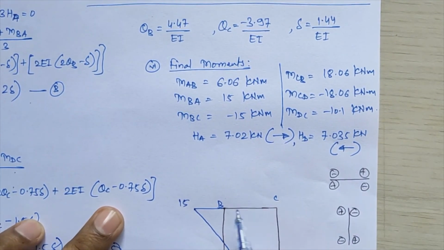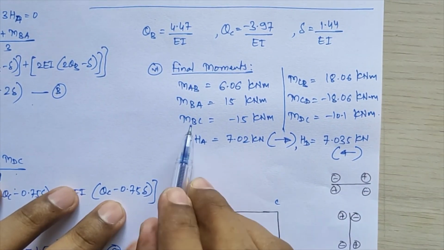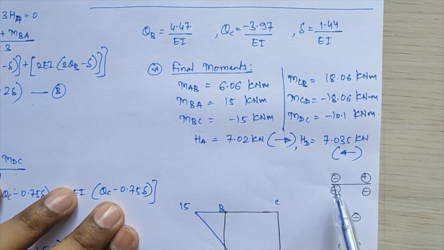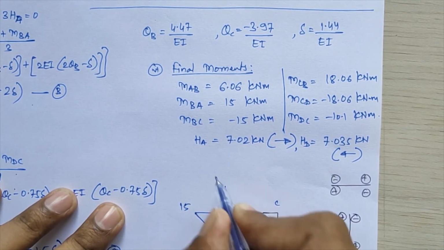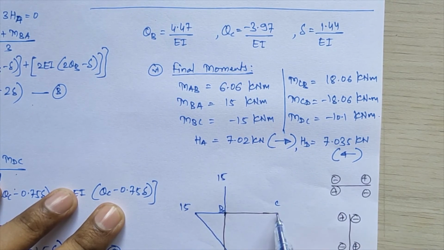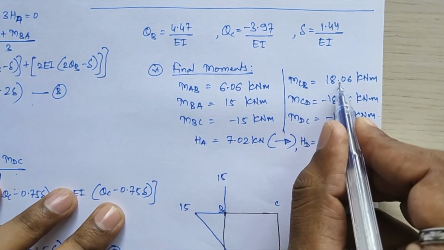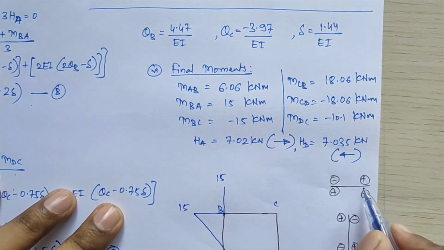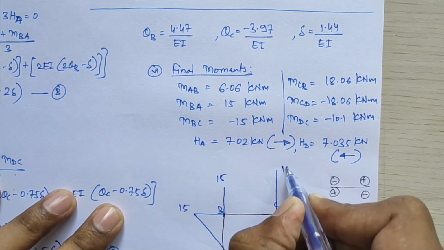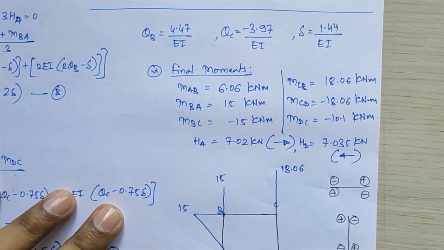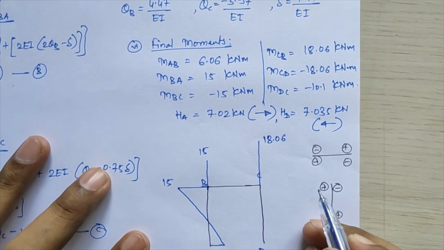Then next is the BC member. For BC, MBC I am getting minus 15, so with horizontal member sign conventions it will be plotted on the upward side, that is 15. Next at joint C, MCB I am getting 18.06 positive, so again at point C it will be on the upward side, 18.06. Next is again a vertical member.